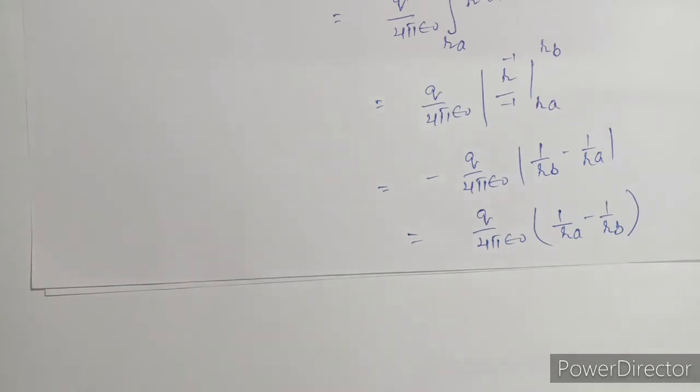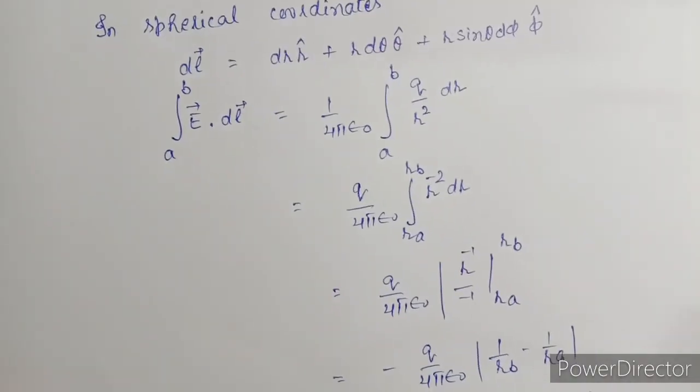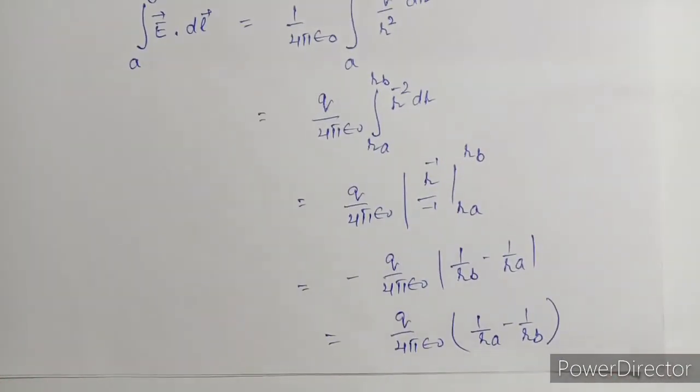So here the line integral of electric field is equal to Q over 4 pi epsilon naught into (1 over RA minus 1 over RB).